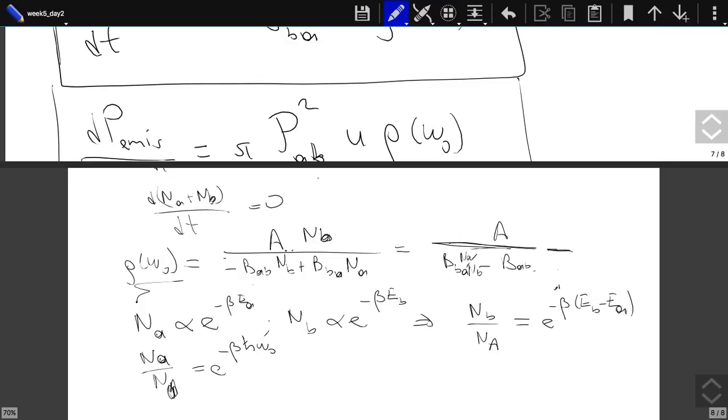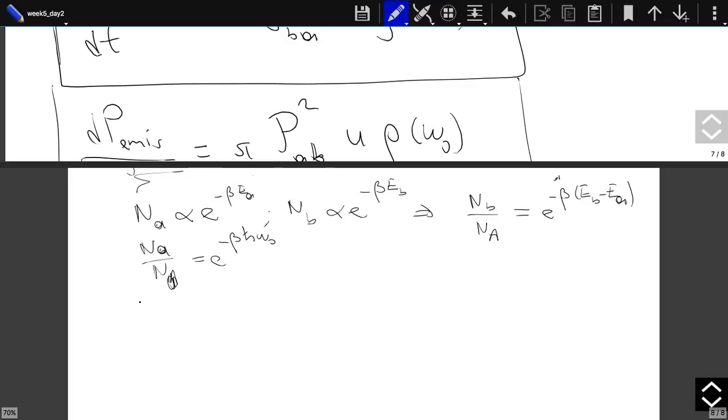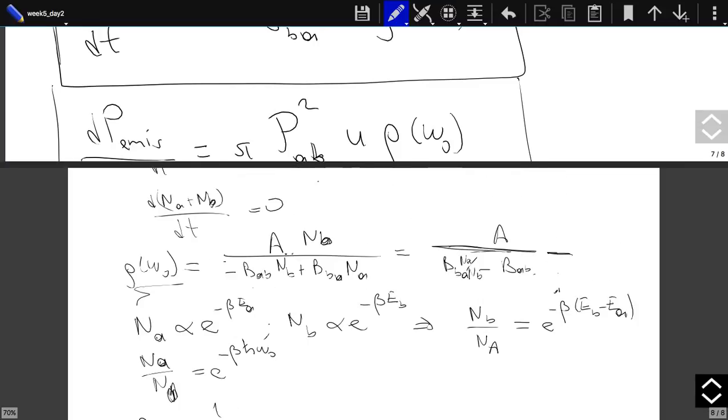So N_A is proportional to e to the power minus beta E_A, and N_B is proportional to e to the power minus beta E_B. Beta is 1 over the Boltzmann constant times the temperature. So we know N_A over N_B. We know rho of omega. So we can just read A and B's.